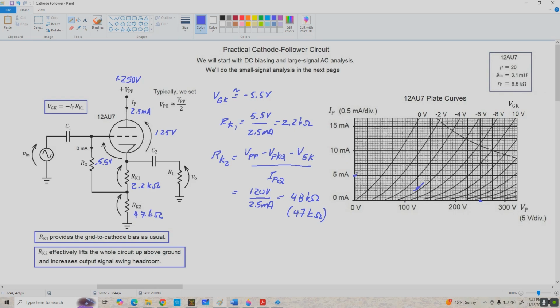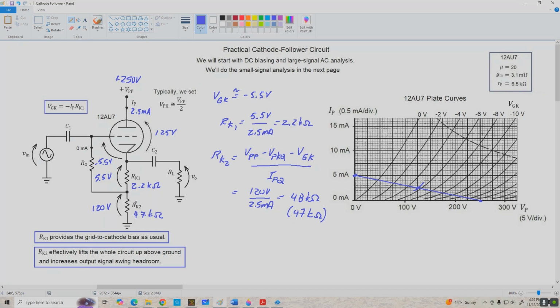Here's the second end of our load line, and let's connect these up right here, and there we go. There's our DC load line. And to finish things off DC wise, let me just fill in these voltage drops. We're going to have 5.5 volts dropped across RK1 and about 120 volts dropped across RK2.